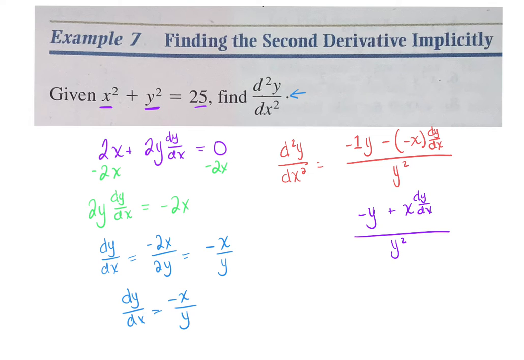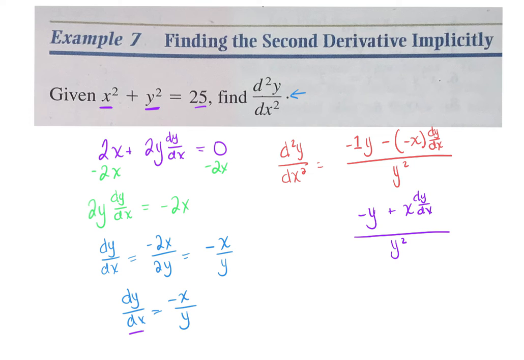Now, what's dy/dx? dy/dx is negative x over y, right? So I am going to fill that in. Everybody see that? We know what dy/dx is, don't we? So if I know what dy/dx is, why wouldn't I just fill it in?